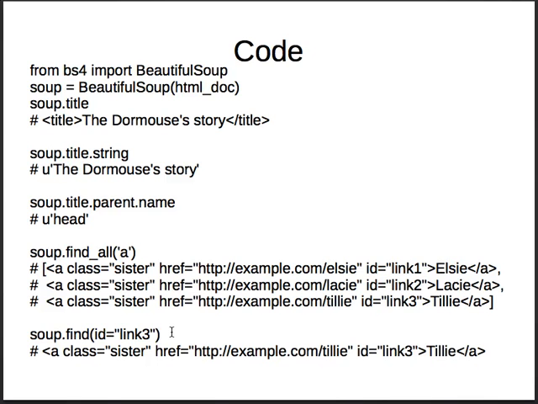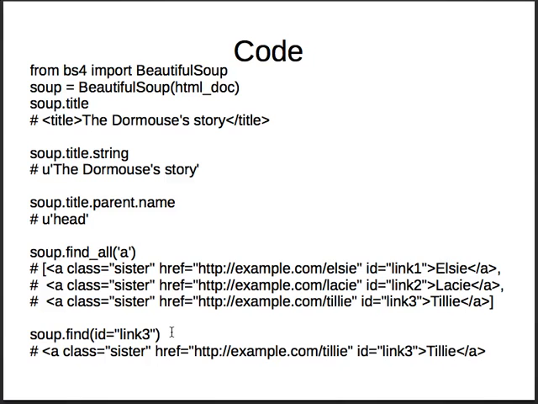And then we've also got a bunch of methods, of which I'm only showing two here, for locating the specific tag or tags that you want. For finding one tag, it's called find. For finding more than one tag, it's called find_all. And you can search for all the A tags, as in the first example. You can search for all the tags where a certain attribute has a certain value, as in the second example.